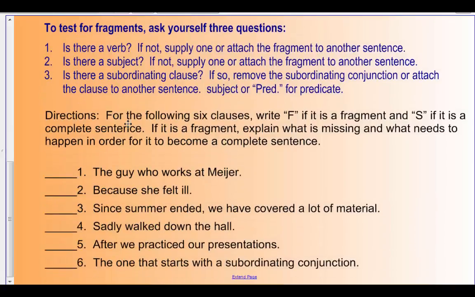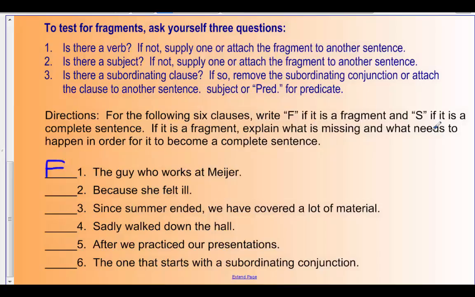So, we have six clauses. We're going to see if it's a fragment, or an S if it's a complete sentence. If it's a fragment, we're going to see what's missing to make it complete. "The guy who works at Meijer." Well, I know who, but I don't know what he did. So this thing is starting out as a fragment. I have a subject.